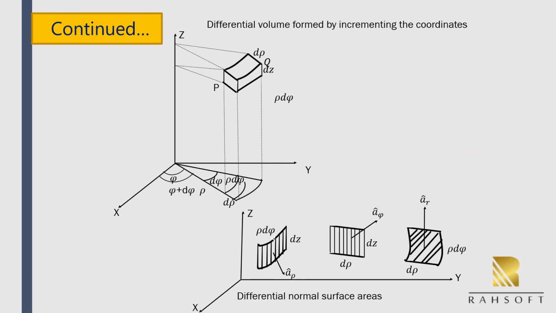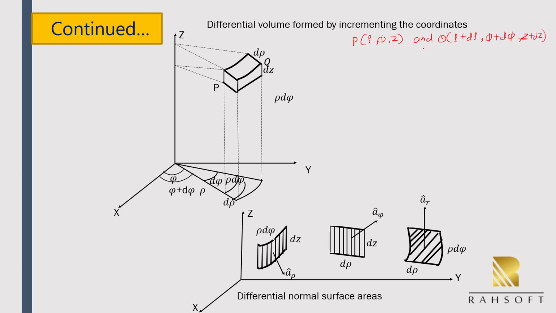So this figure shows point P, with coordinates rho, phi and z, and point Q, which is rho plus d rho, phi plus d phi, z plus dz.